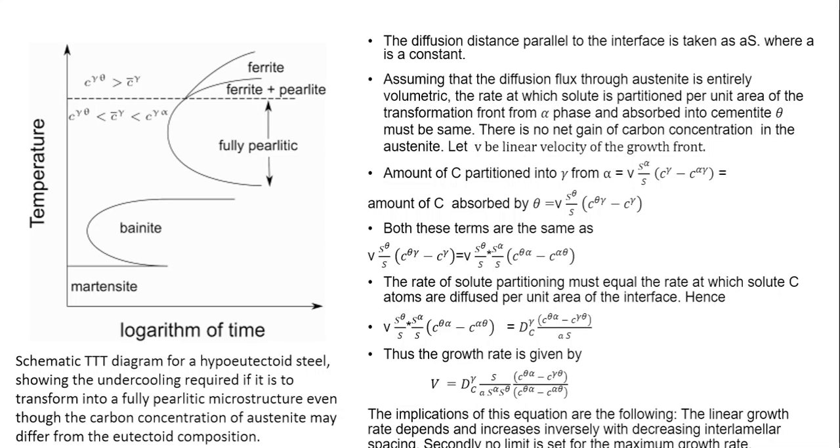So the amount of carbon partitioned is given by V, the growth front velocity, multiplied by the area ratio, that is S alpha by S, multiplied by the difference in concentrations, that is C gamma minus C alpha gamma. So this is the amount of carbon partitioned into gamma from alpha.